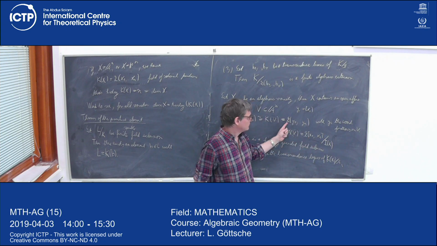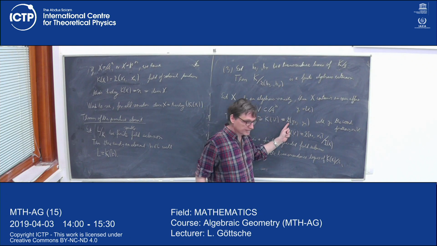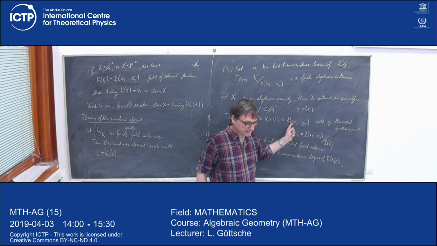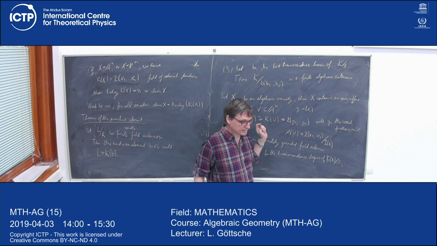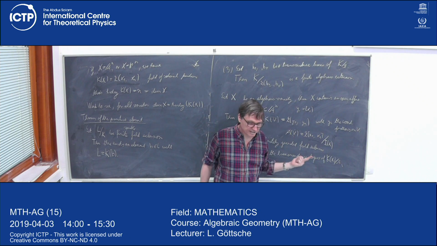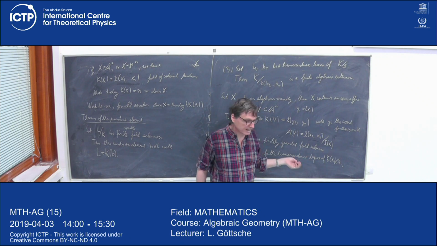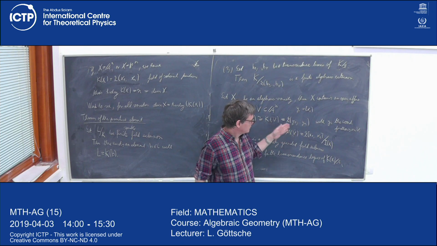And therefore the fraction field of it is also generated as a field by these elements. Yeah, but 1 over y1, for example. No. As a field, it's generated by them. It's a finitely generated field extension.